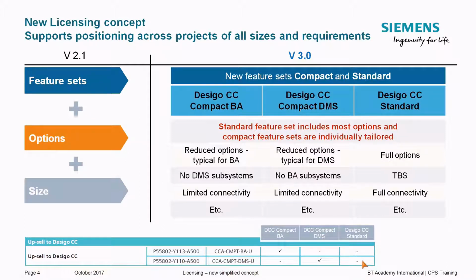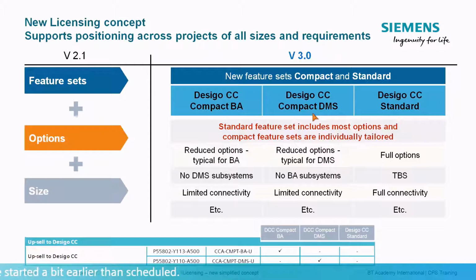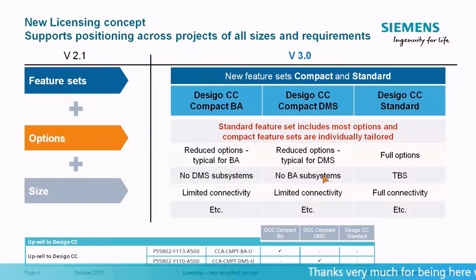So an upgrade to the standard is possible anytime. You can start with a compact, and if the customer needs special features which are not included here, or you're going to upgrade with a building automation subsystem or a DMS subsystem, you can upgrade to the standard anytime.